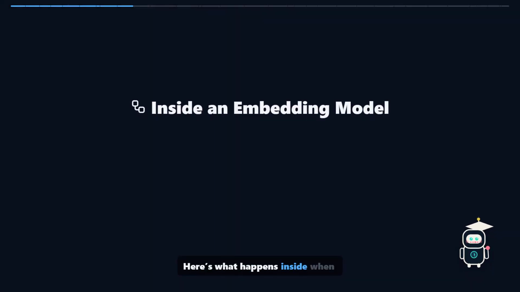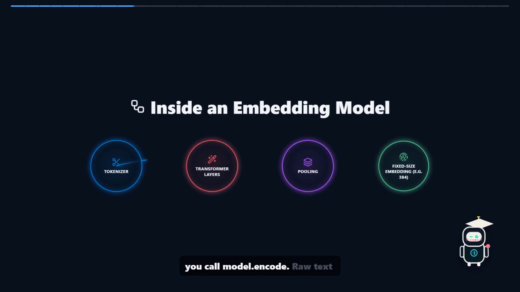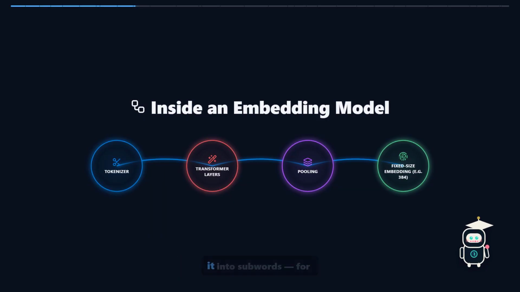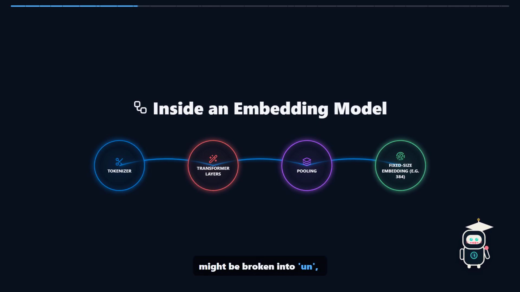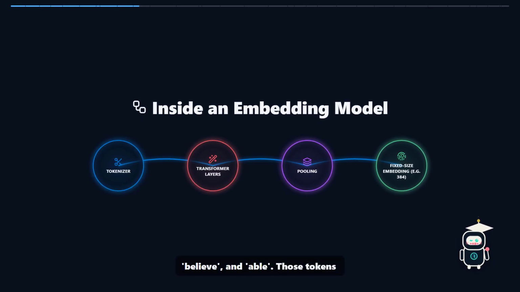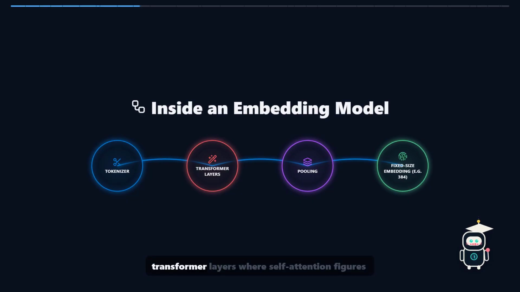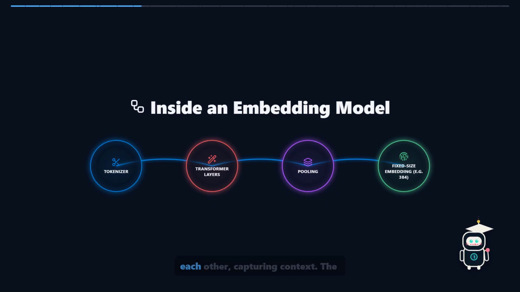Here's what happens inside when you call model.encode. Raw text enters the tokenizer, which splits it into subwords. For example, a word like unbelievable might be broken into un, believe, and able. Those tokens flow through a stack of transformer layers where self-attention figures out which tokens depend on each other, capturing context.